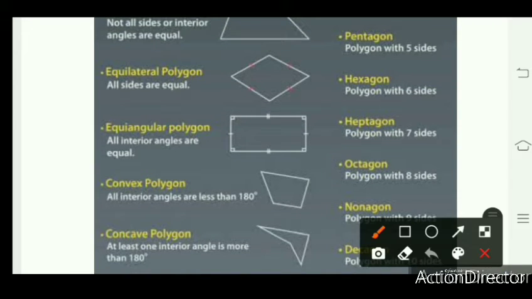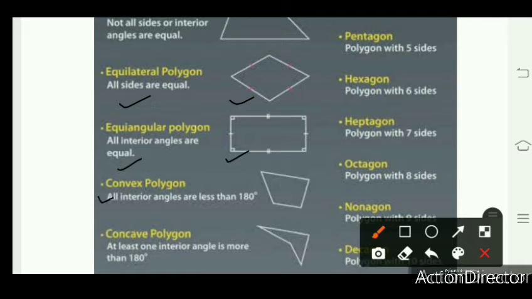Now equilateral polygon, where all sides are equal. These types of polygons are known as equilateral polygons. Now equiangular polygon, all interior angles are equal, like this figure. All these angles are 90 degrees here.